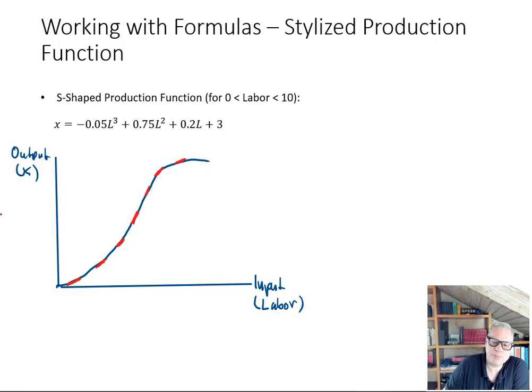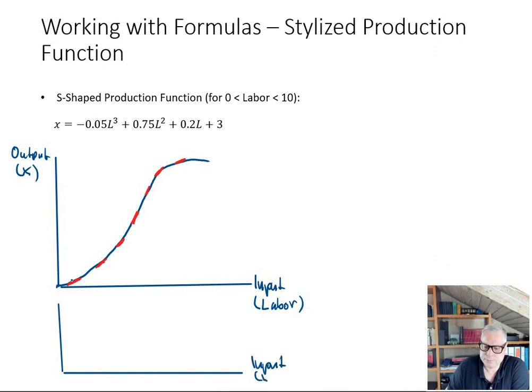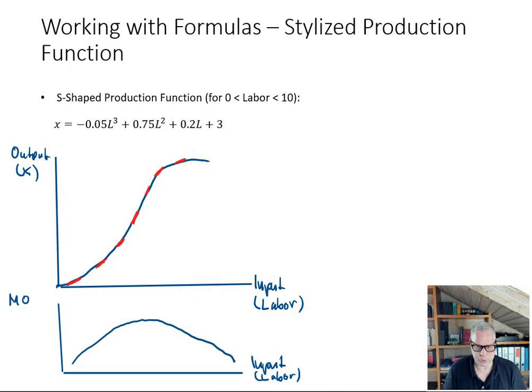So if we assume that the typical production function follows an S-shaped relationship, then the marginal output function of input, which is labor, and here the marginal output, I just called it now MO, looks something like this. Maybe here's the maximum, and then it levels out again. So it should be like an inverse U.